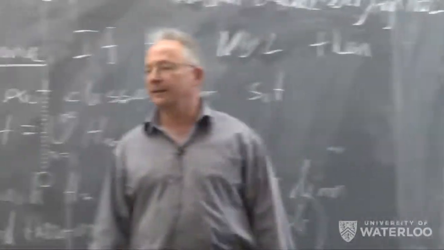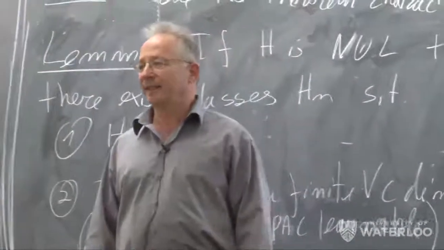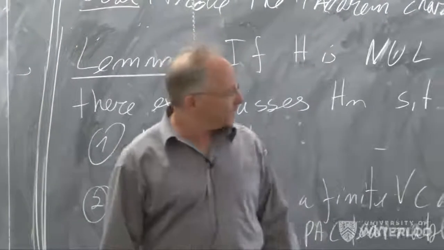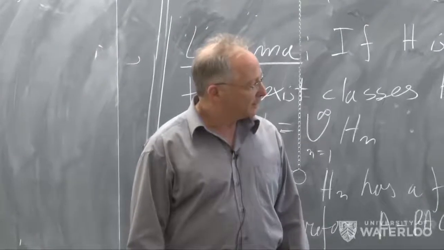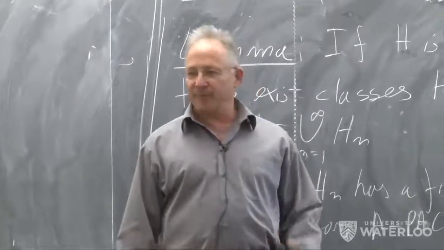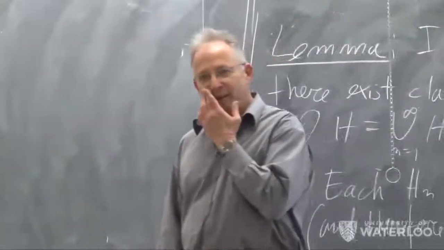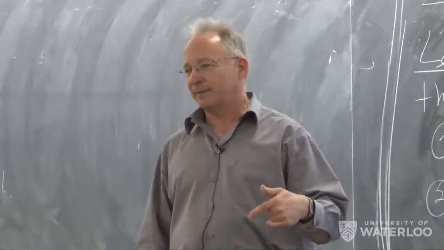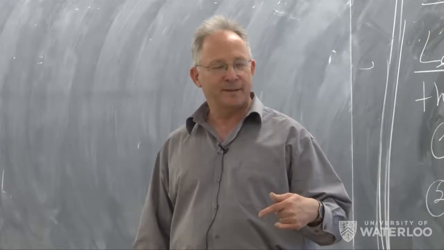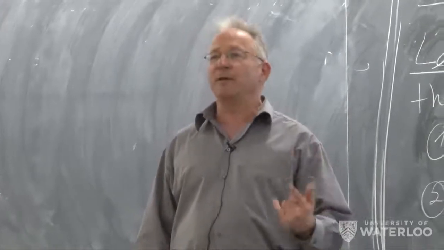Yes? Because mH is bounded, so the VC dimension is bounded. But mH is never bounded, right? mH is a function of epsilon and delta. Can we use the no free lunch theorem? Exactly. We will use the no free lunch theorem.